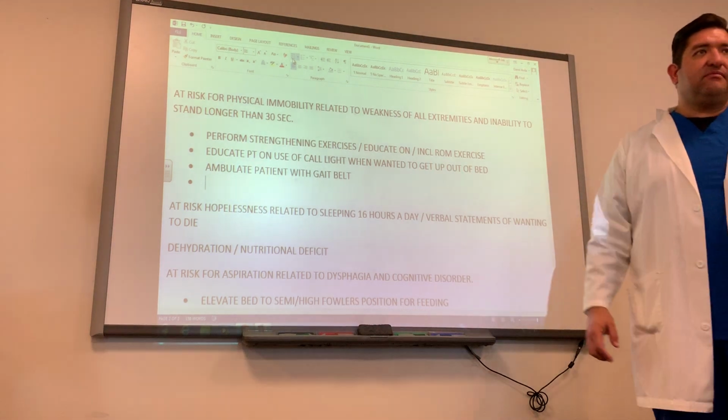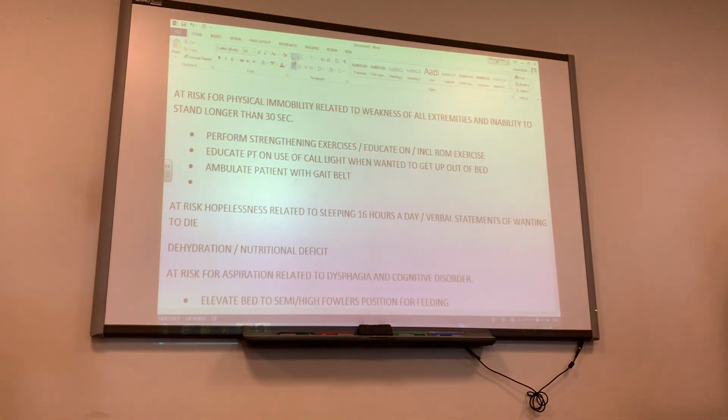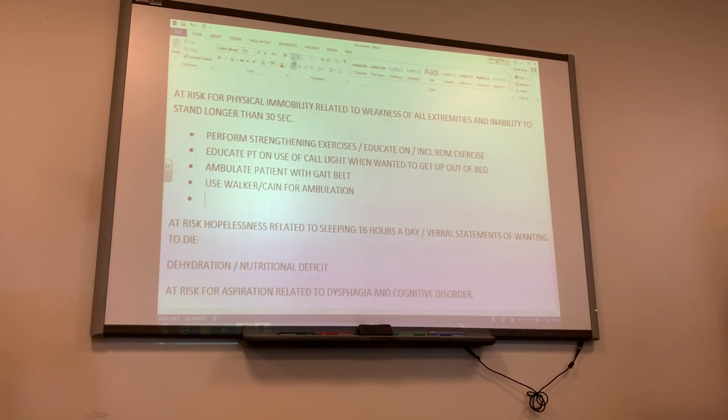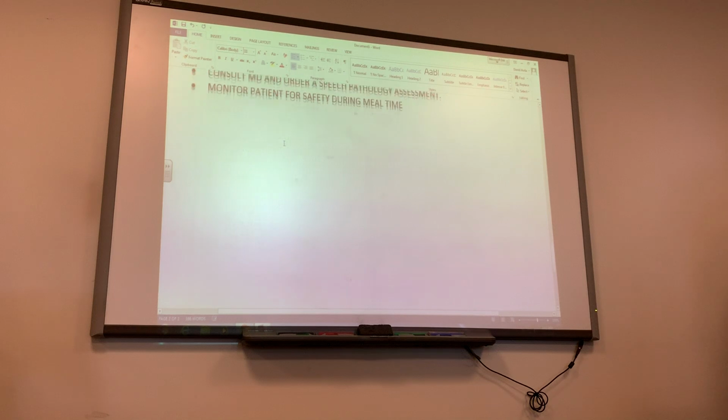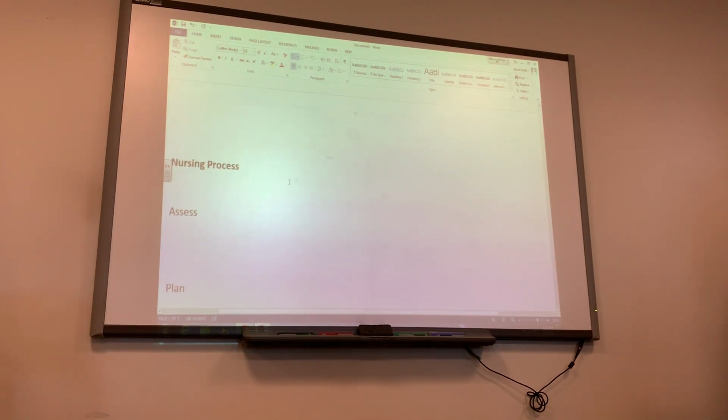Use of assisted devices. Oh, yeah. Okay. Use walker or cane for ambulation. What else can we do? Refer to physical therapy. These are just interventions. Okay. Something like that, would you be more concerned with the gross motor skills and not really occupational therapy?